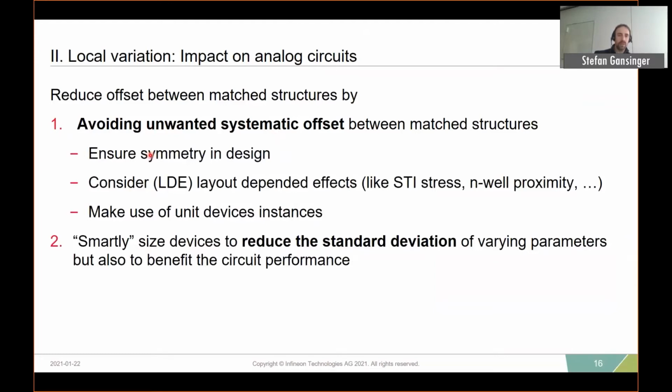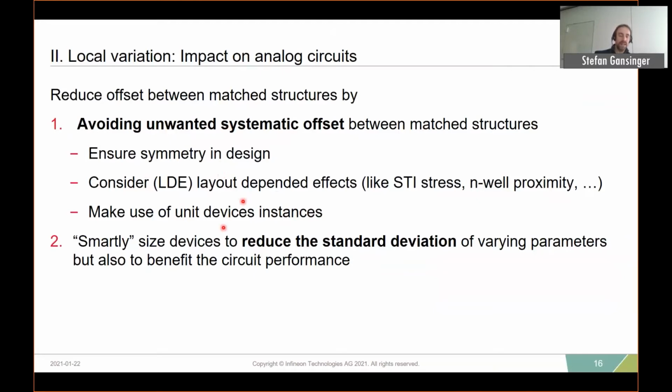Of course, we need to ensure the symmetry already in the design. And for the layout, we have to consider layout effects. I have some illustrations on this as well. And also for this, I will show you more details. We have to use so-called unit devices. So this is the first measure we are going to do, so we are reducing unwanted systematic offset.